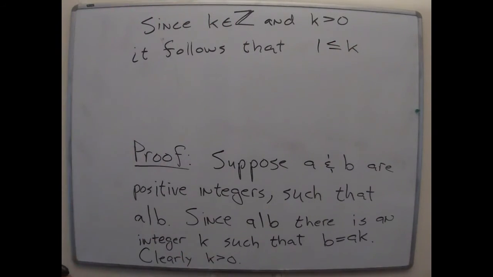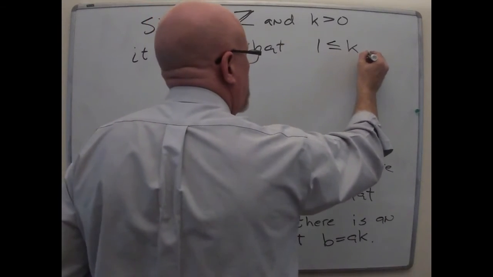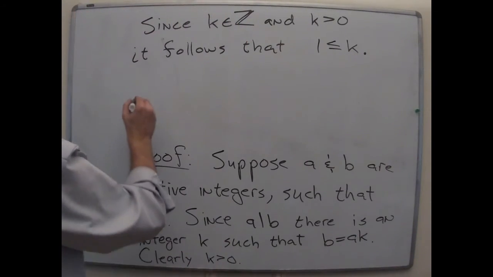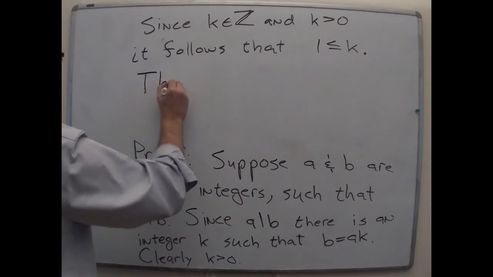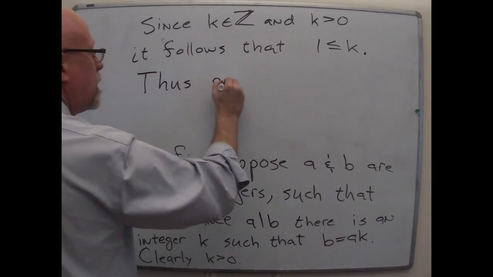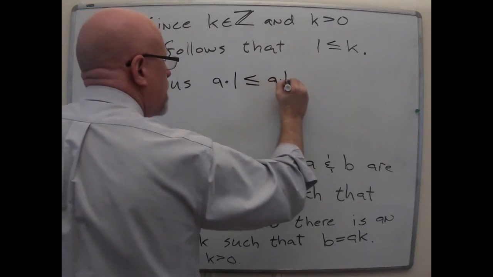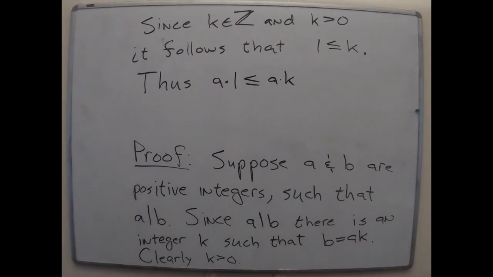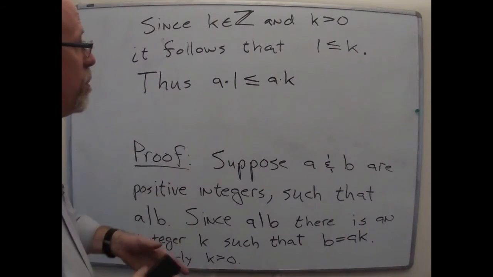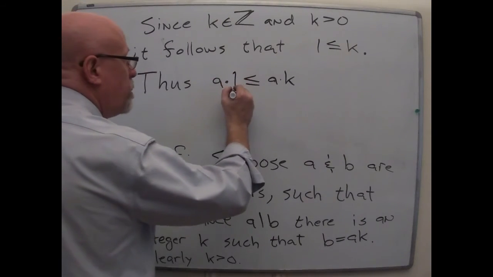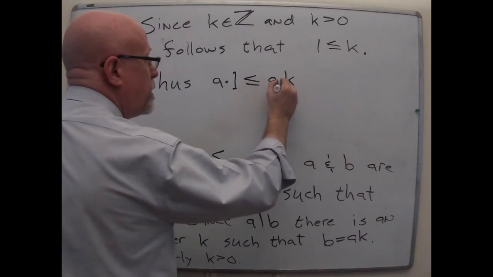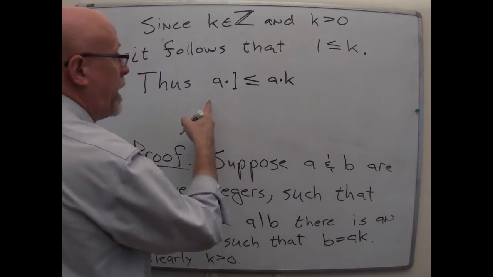What I'm going to do is multiply both sides of that inequality by A. What rule of algebra have I used here? If you multiply both sides of an inequality by the same thing, it changes the direction of the inequality if that thing is negative.